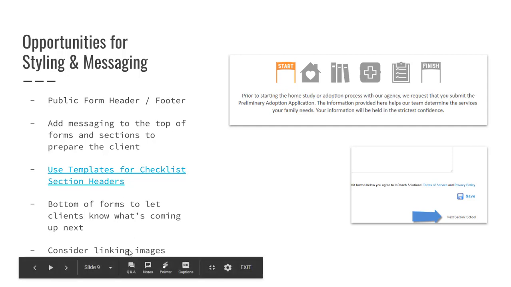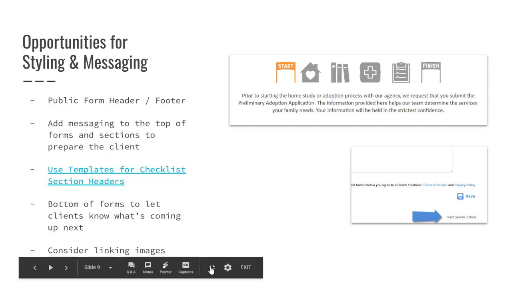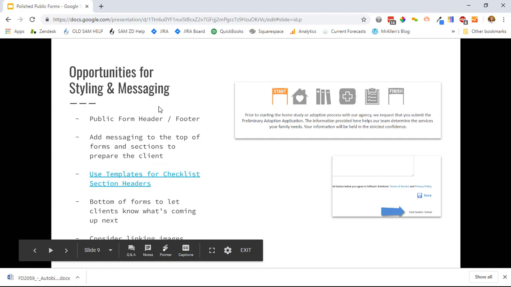And then I talked about consider linking your images, right? That MLJ Adoptions, how they've been linking out to things. I will show you how that is done. Let me jump back over here.